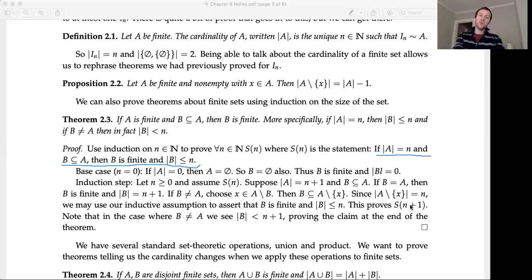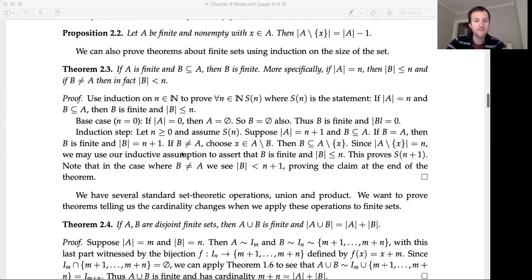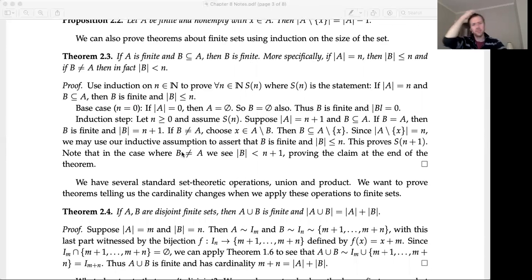So the fact that we can talk about sizes of sets allows us proofs by induction. What is also seen, if you were to work through this chapter, is that for the operations union and product, the sizes work like you think they should.